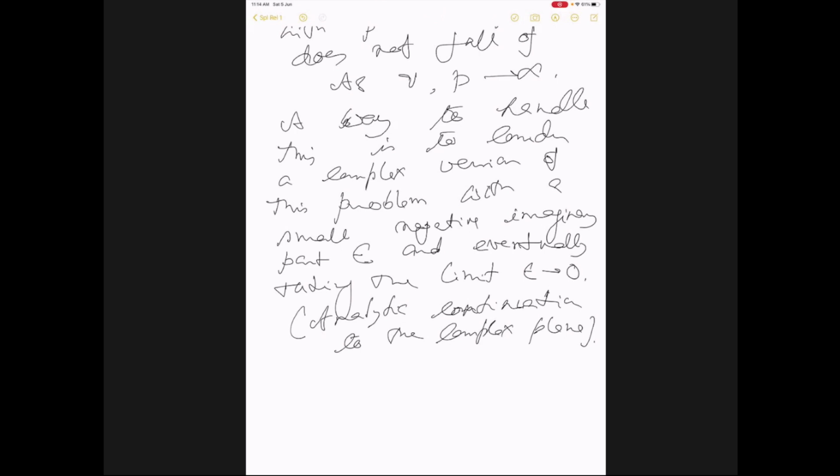So now you have mapped the problem into the complex plane. But I could always remember that I am taking the epsilon goes to 0 limit. So I am augmenting my real line integral into a complex plane integral. But eventually, when I take epsilon goes to 0, I am actually falling back on the real line.